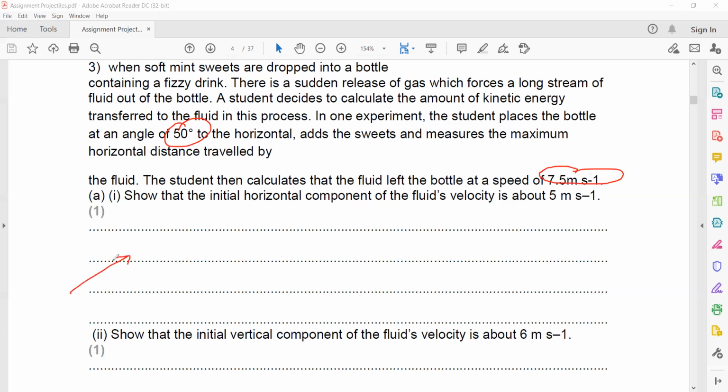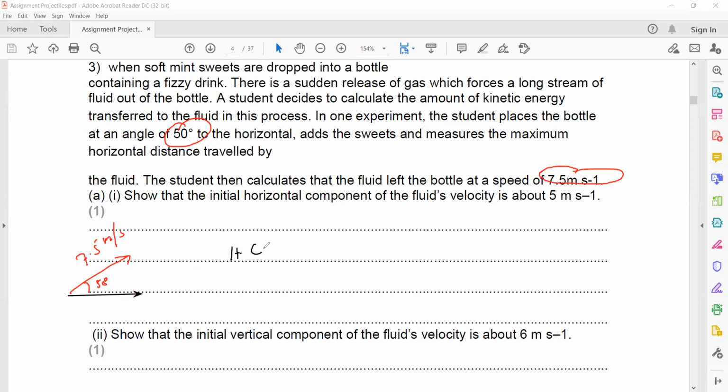So how can we show that? 7.5 meters per second is the speed at which the liquid is coming out from the fizzy drink, and it was making an angle of 50 degrees. So how do we get the horizontal component? The horizontal component is given by cosine theta, as the angle with the horizontal is given.